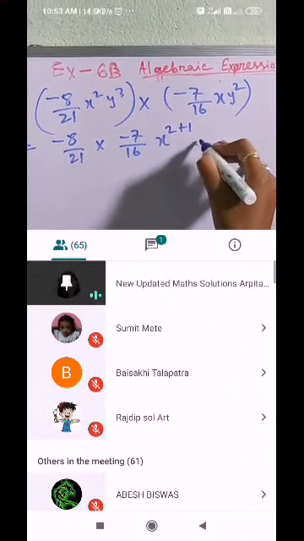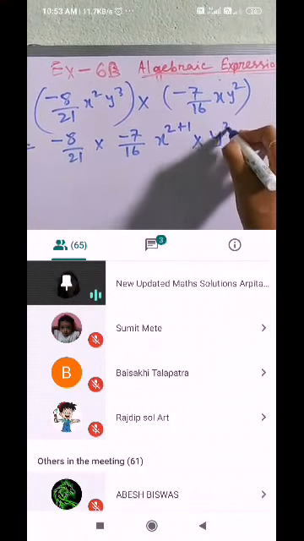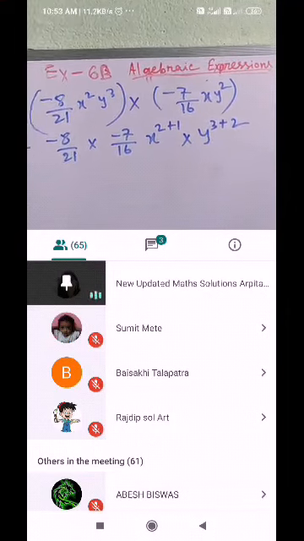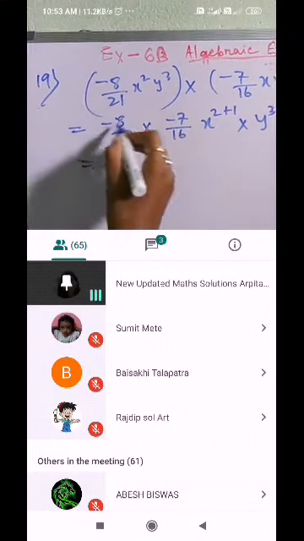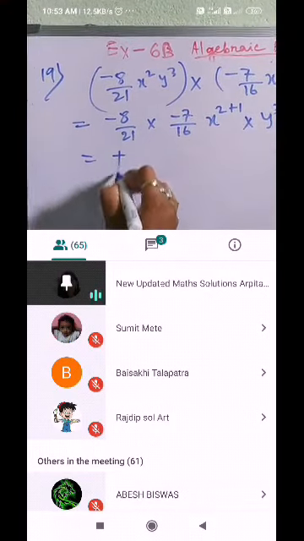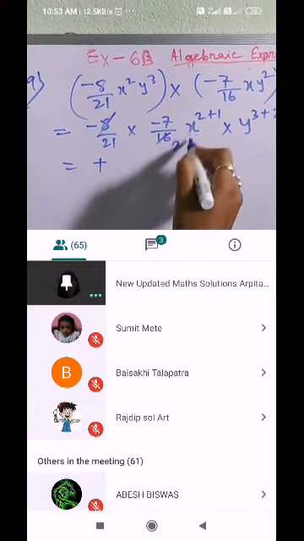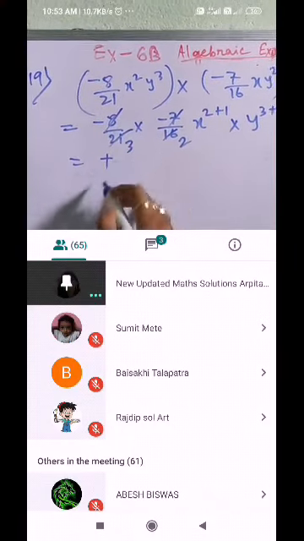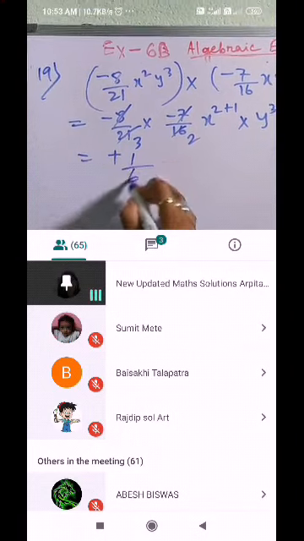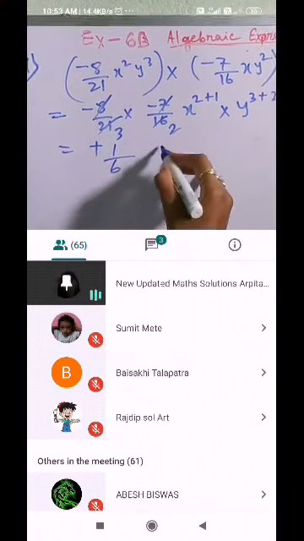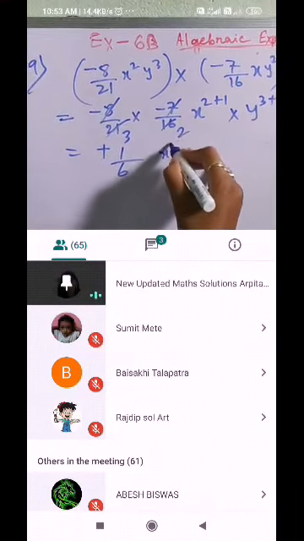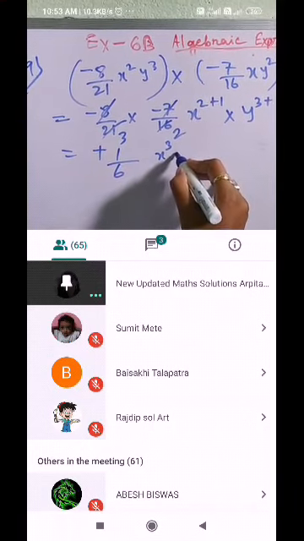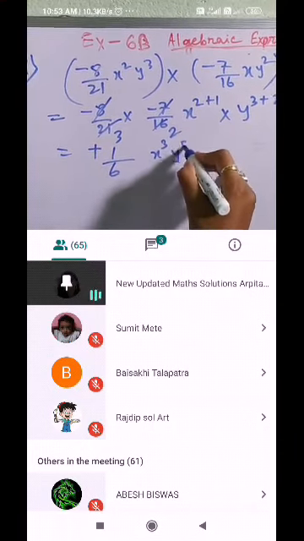Then the power of y: 3 plus 2. Then minus minus will be plus. 8 2s are 16, and 7 3s are 21. Then 1 by 6, 3 2s are 6. Then x raised to the power 3 into y raised to the power 5.